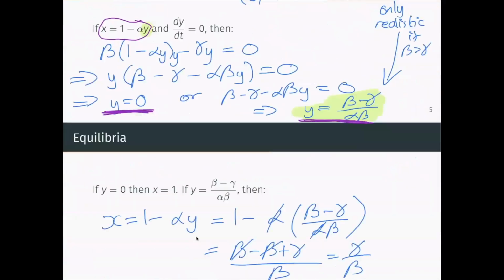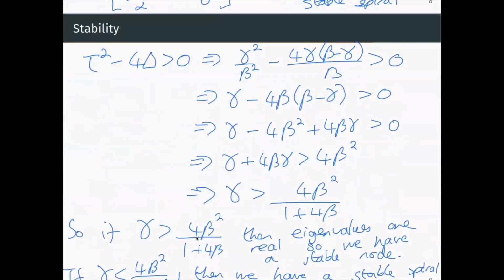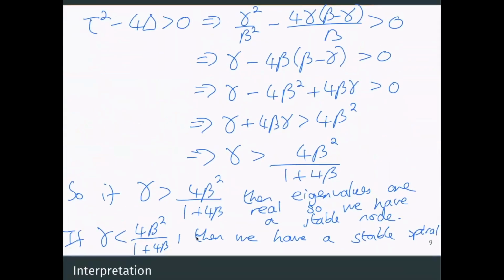So what this is then saying down here, if our mortality rate for our predator is sufficiently low, in other words, if it's below this threshold here, 4 beta squared over 1 plus 4 beta, then the populations will approach the equilibrium through damped oscillations. So with a sufficiently low death rate for the predator, we're going to get damped oscillations and also have this stable spiral into the center.